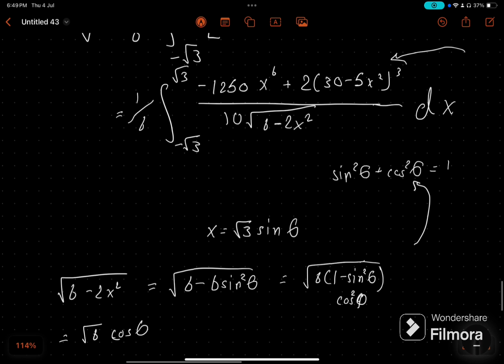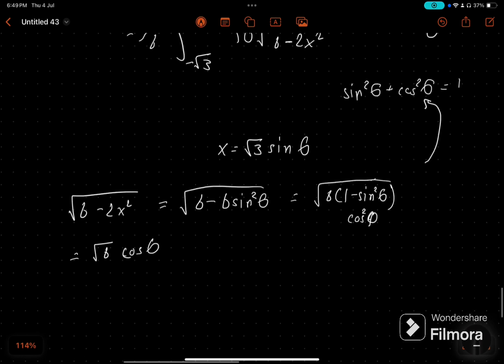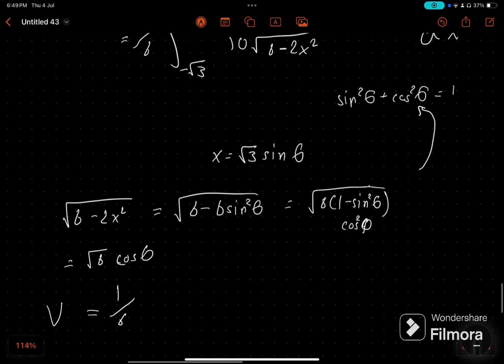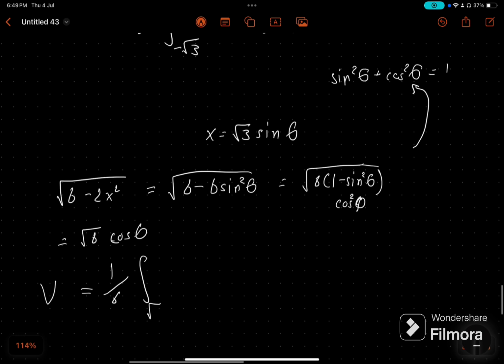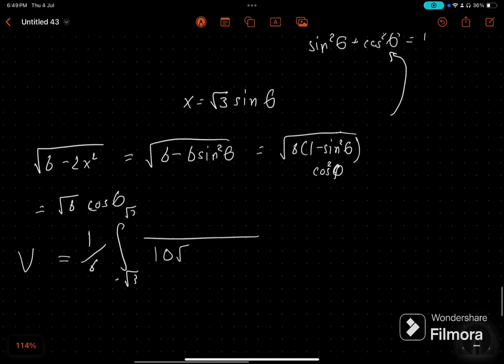And now we can just substitute in, so let's go back to our volume. It's going to be the integral from, now this has gotten very complicated, but that's how you can solve it. So 10 times the square root of 6 cosine theta.